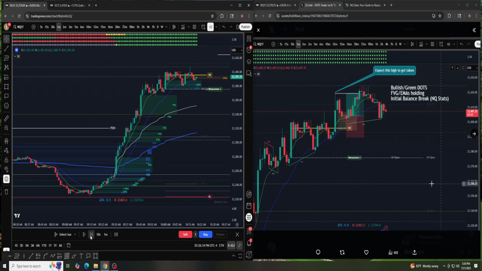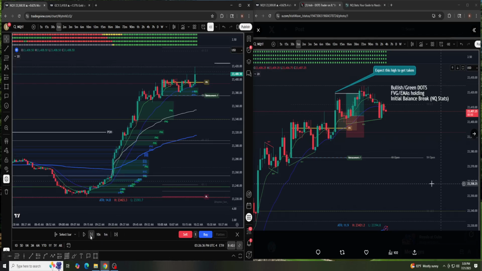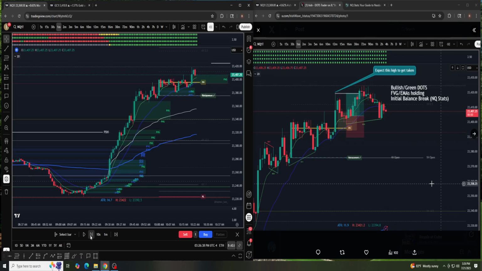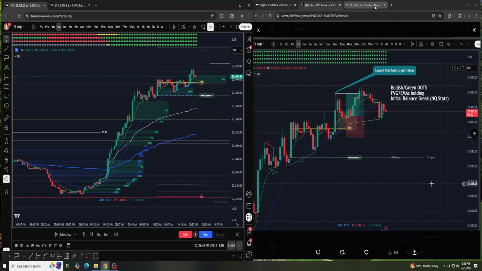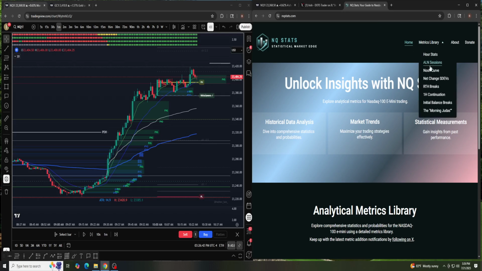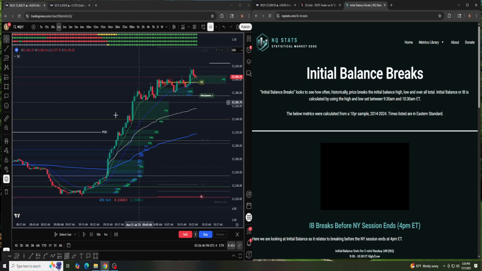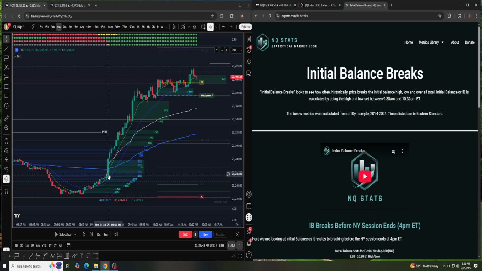Fair value gaps holding. The setup I ended up taking was something called the initial balance break, which basically uses the first hour from 9:30 to 10:30. If price closes in the upper half, then there is an 83% chance of the high getting taken.